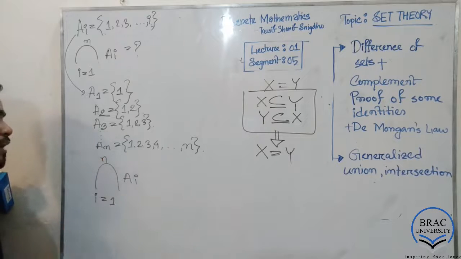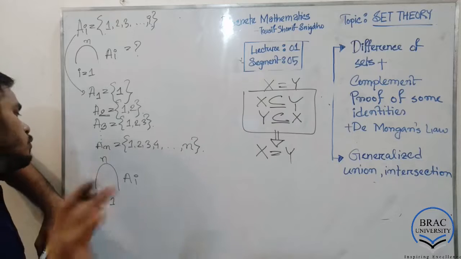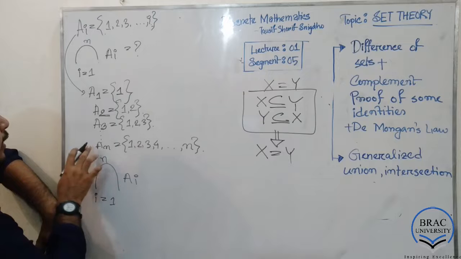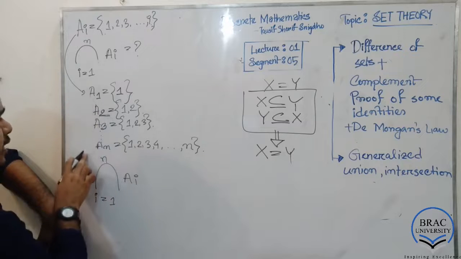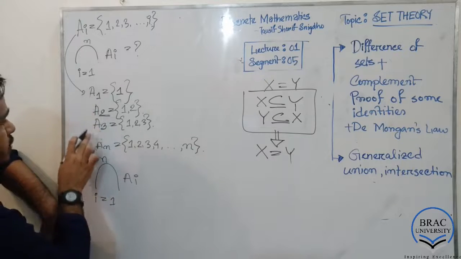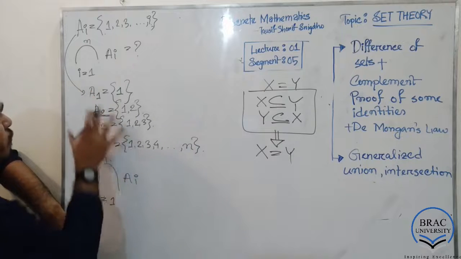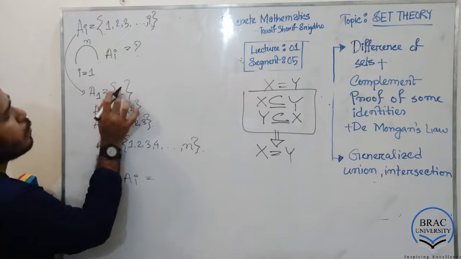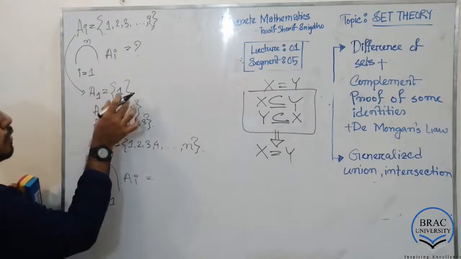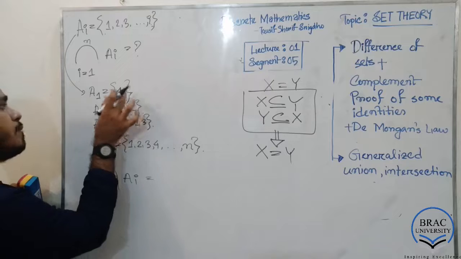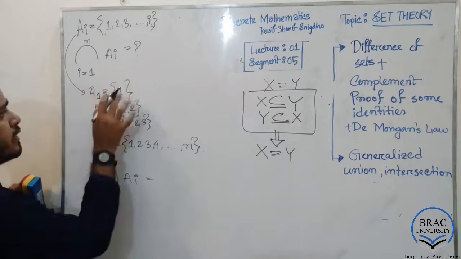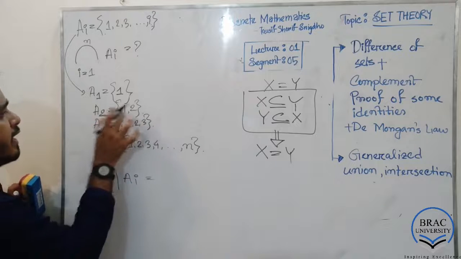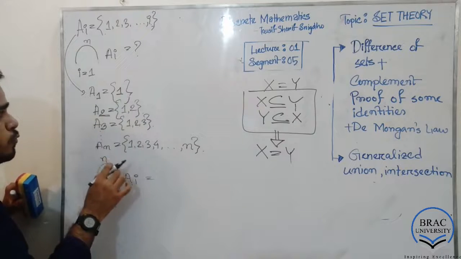That means we have to find out those elements which are there in all of these sets, right? A1, A2, A3, the common elements of all of these sets. And here we can see that there is only one element in A1. So the only possible element that can be common to all of these sets is 1, and let's see if other sets have 1 as their element too.